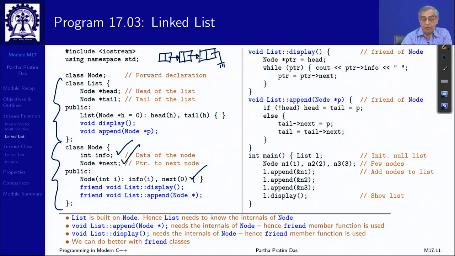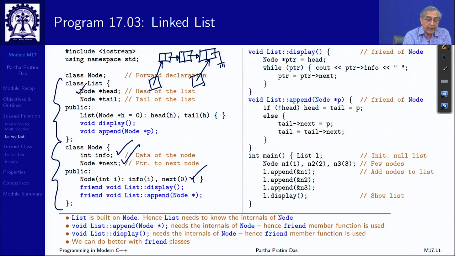So, these are my nodes and my list has two pointers, one is a head pointer, one is a tail pointer. Having the head pointer is important, the tail pointer is just a matter of convenience, because if you want to append, it gets easier if you have the tail pointer, otherwise you will have to go all through the list. If you have to prepend, you need the head pointer. Right?